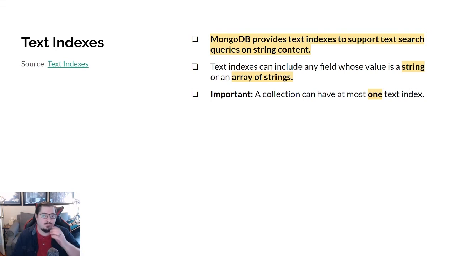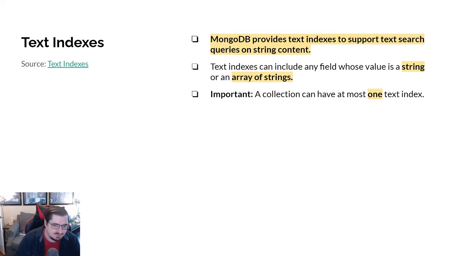MongoDB provides text indexes to support text search queries based on string content. So it's important to note that this is for string content. Your text index cannot index anything that is not a string. So for instance, numbers and dates cannot be put into a text index. Got it?